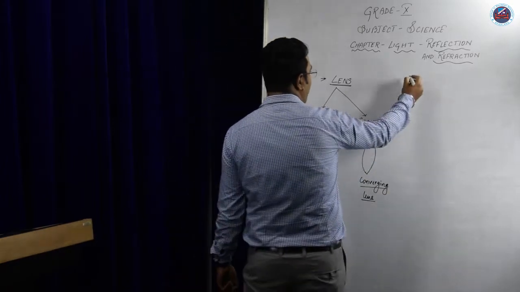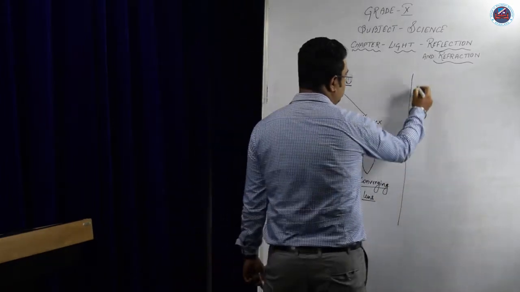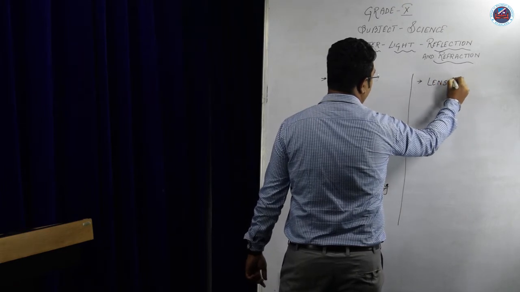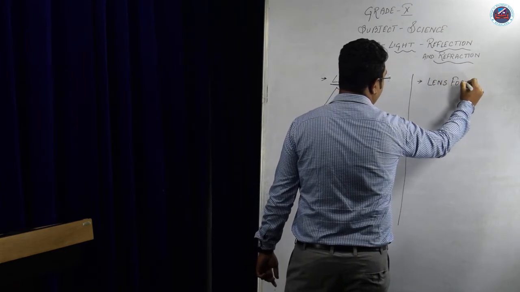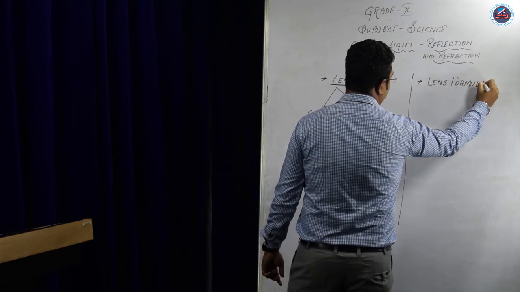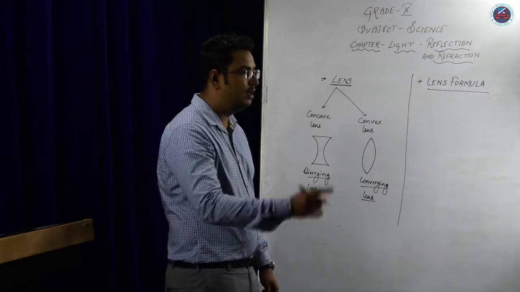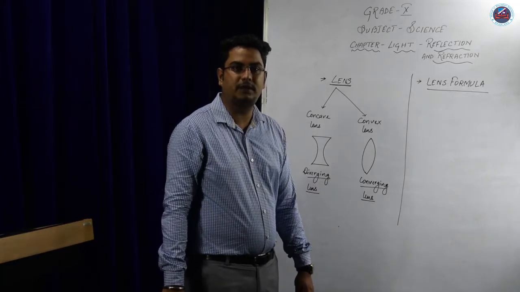Now there is a formula called the lens formula, which will be used to solve the numericals. What is this lens formula? We have already discussed the mirror formula in our previous classes.